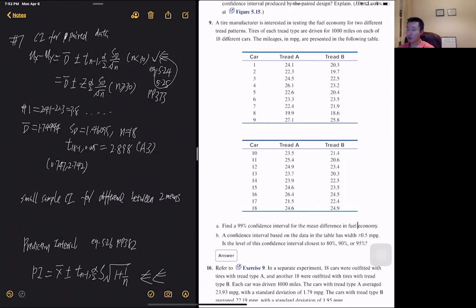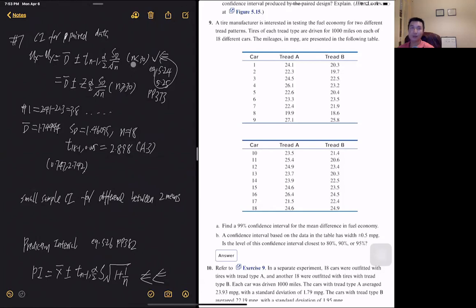Because this is paired data, we should use the equation in section 5.7, which is shown here. The equation is on page 373 of your textbook, equations 5.24 and 5.25, depending on the sample size.